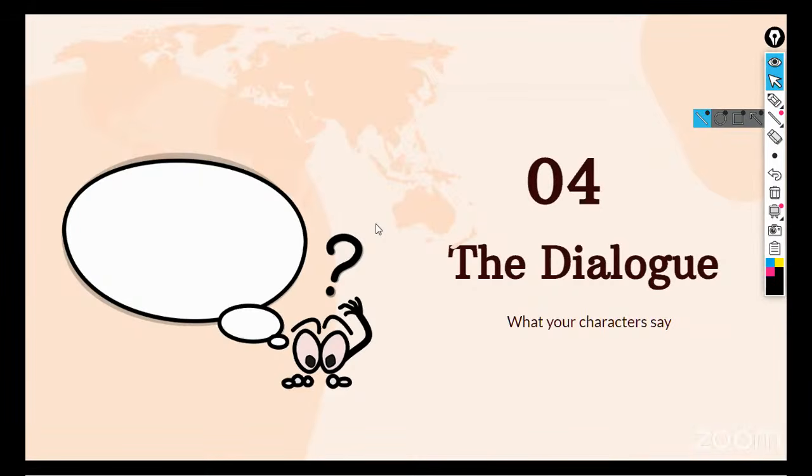So the one thing I want us to remember, the overall lesson, is we're not putting in dialogue for dialogue's sake. A dialogue has to do something. It has to tell us about the character. It has to show us the setting. It has to help with the mood of the story. It has to move the plot forward. It has to do something, right?